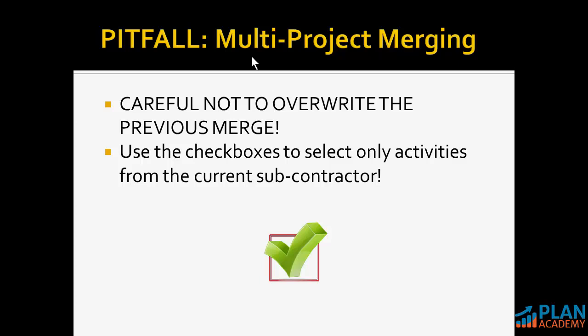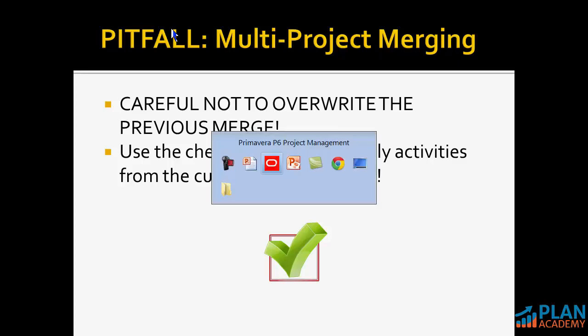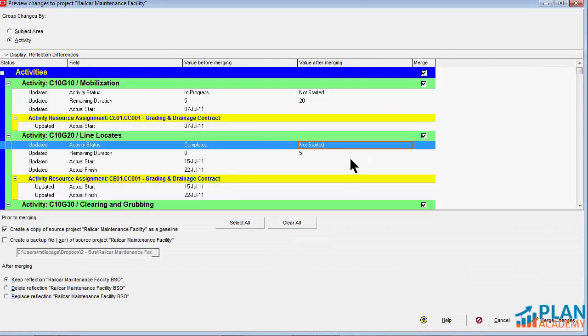We're overwriting the Acme project's updates with non-updated activities from this BSO project. So this is where those checkboxes come in handy. We need to use those checkboxes to select only activities from the current subcontractor. So let's go back to Primavera.